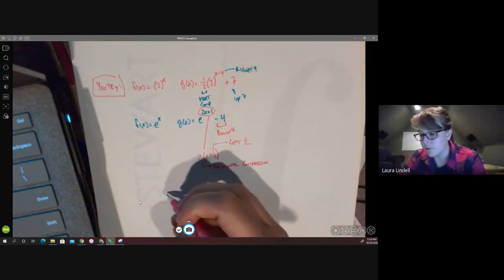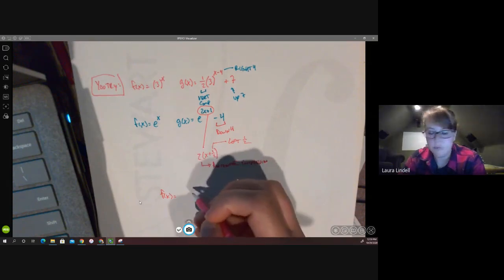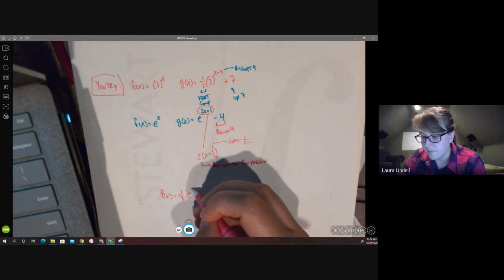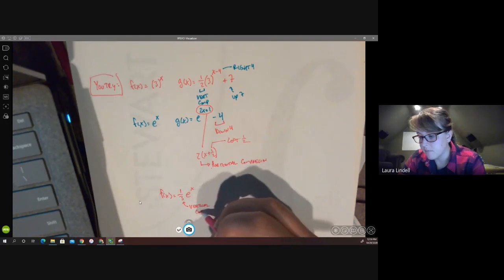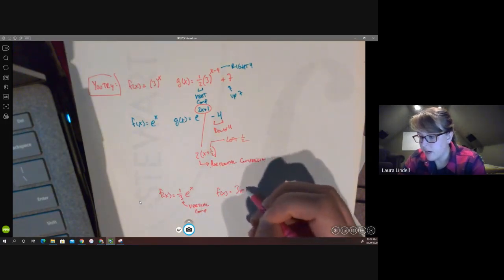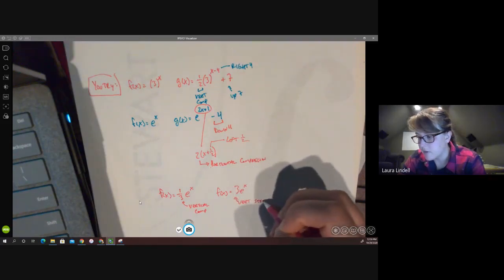So for example, if we had 1/3 e to the x, this would be vertical compression. But if we had 3 e to the x, this would be vertical stretch.